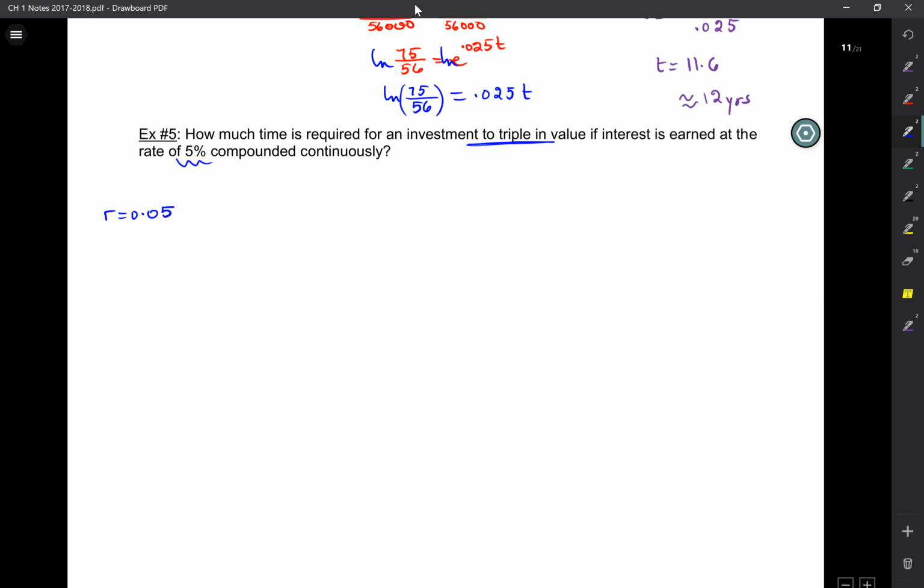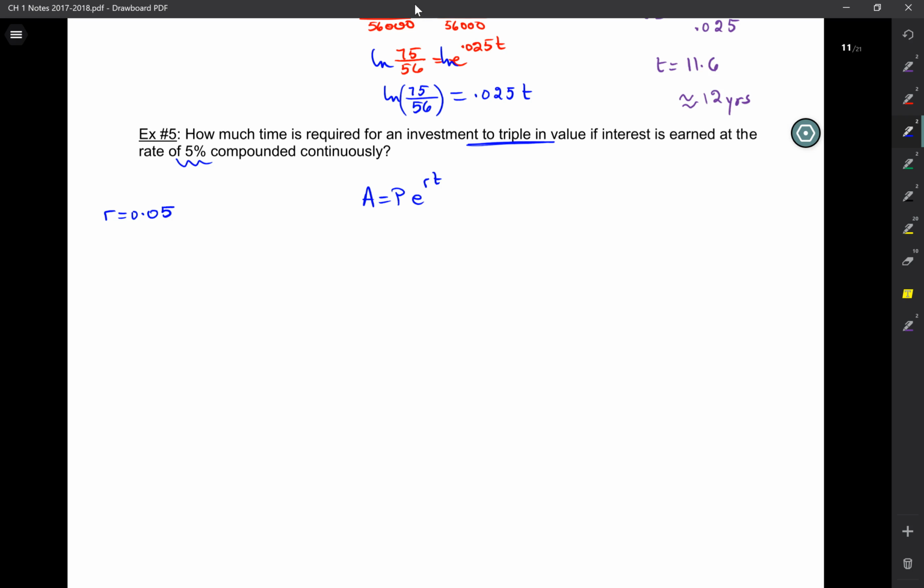Now we're talking about interest. So let me just write down the formula before I get too freaked out. Now, I don't know what I'm starting with. I don't know what I'm ending with. All I know is that I want it to triple.